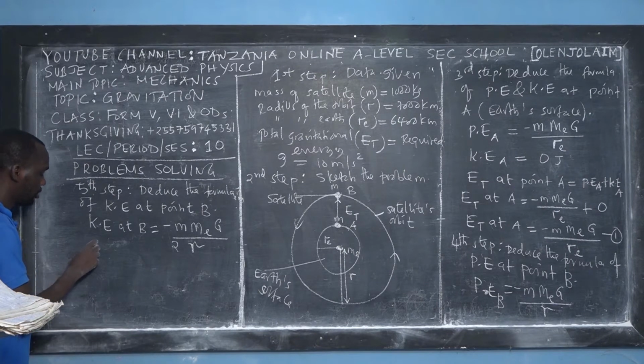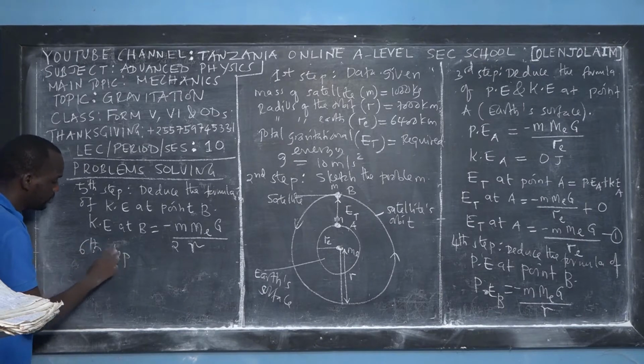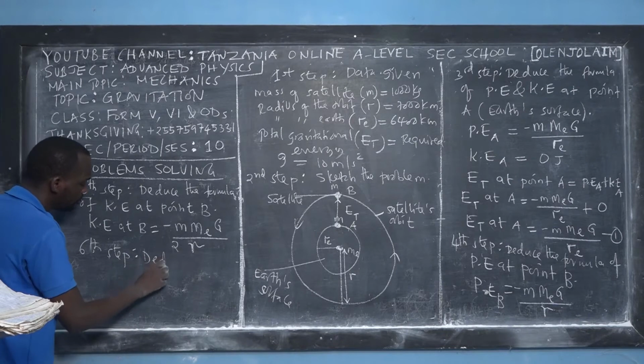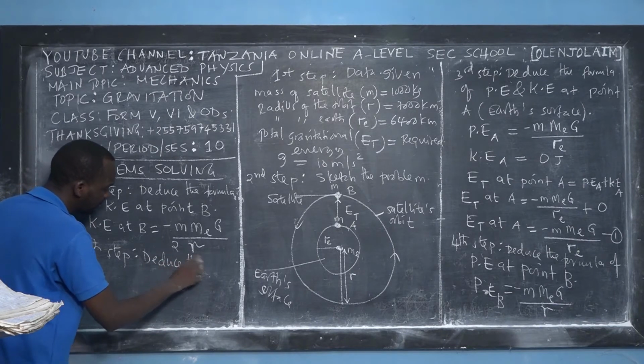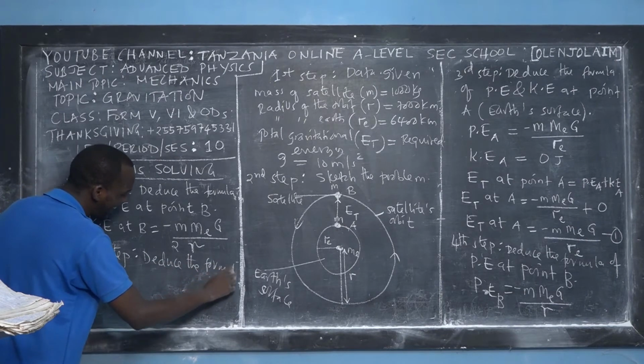So we go to the sixth step. To the sixth step, we say that reduce the formula. You see the beauty of physics here?